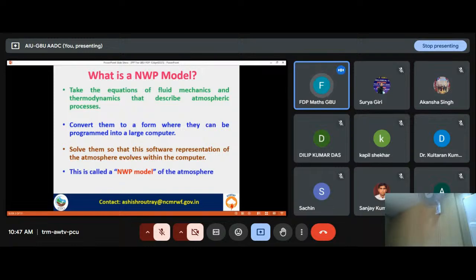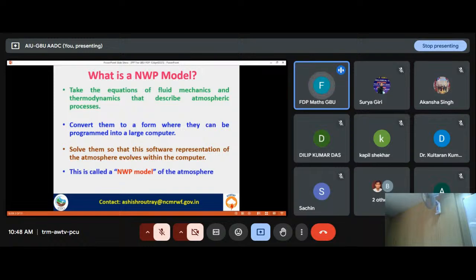If water goes to ice, what will happen? It will absorb temperature. If ice goes to water, then to vapor, it will release to the atmosphere. This conversion, sublimation, vaporization, all this is releasing temperature or absorbing temperature. So this changing of water vapor from one phase to another is the other parameter.